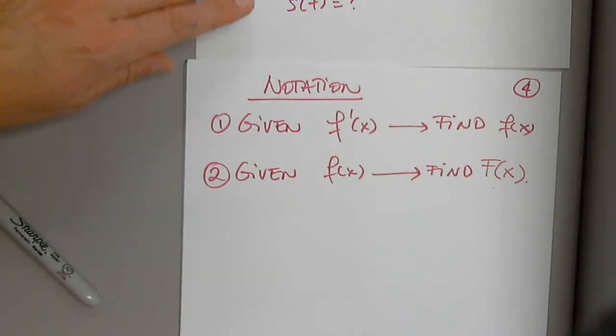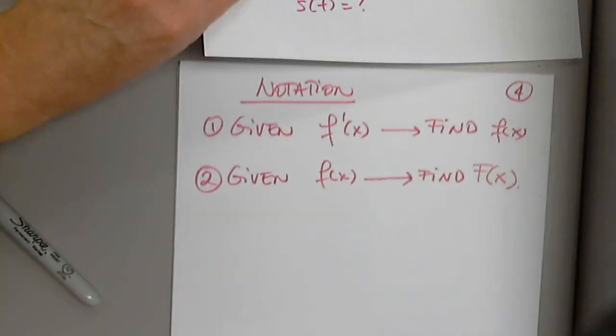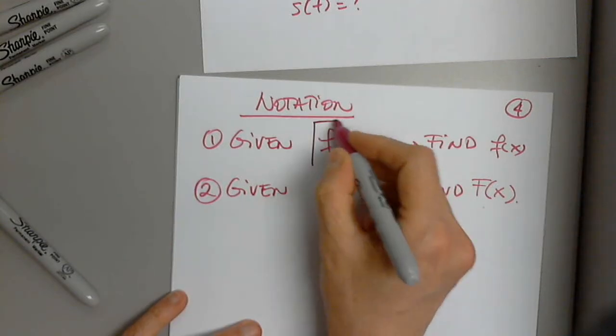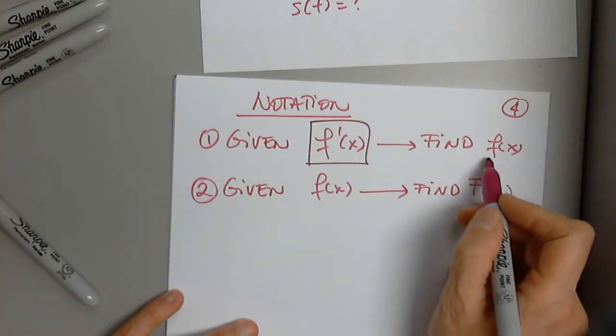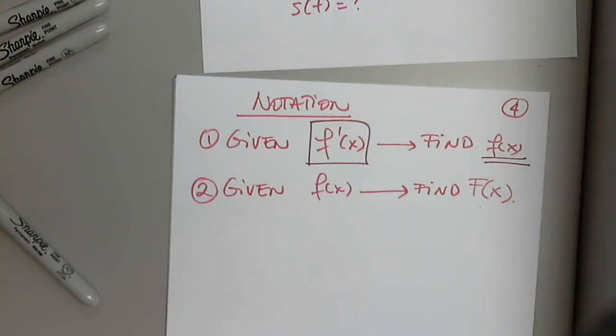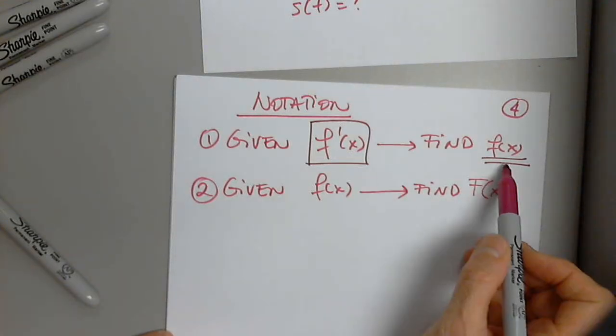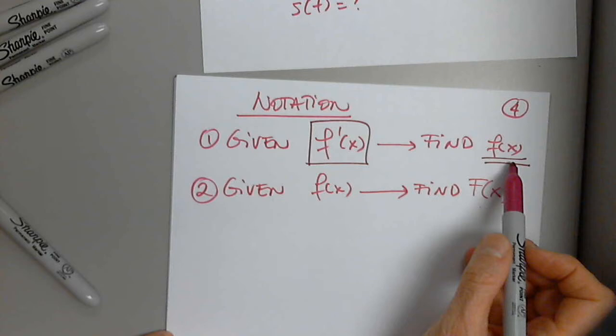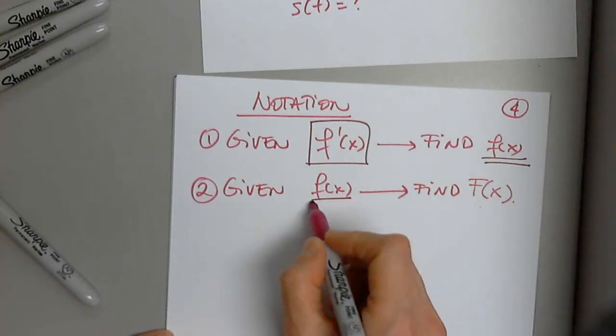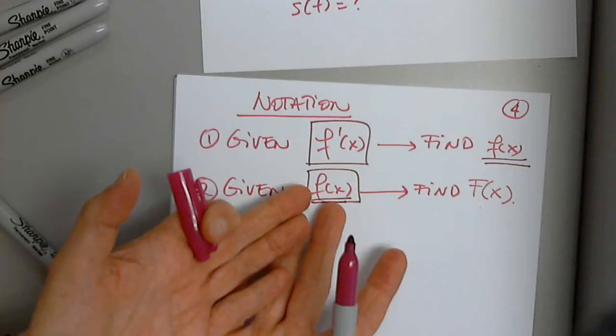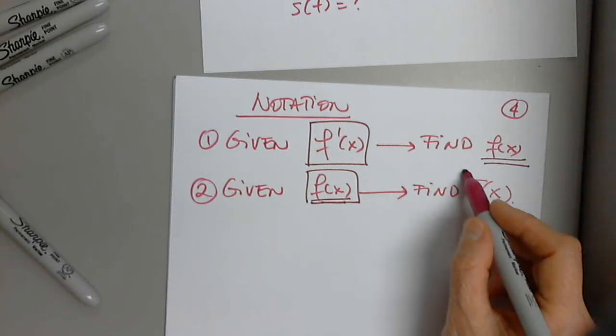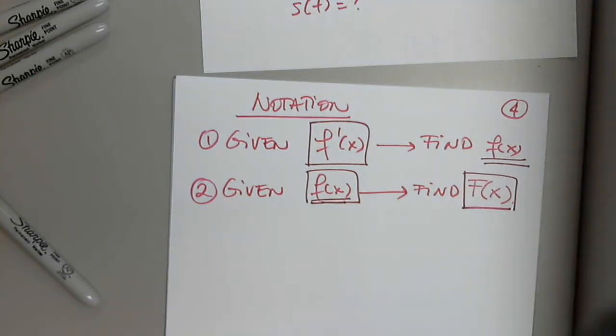Okay, so now it's time for us to go back. So just keep in mind, if the problem is giving us f prime, the notation, I'm not going to deduct points on this, but it's important. So f prime of x, the notation, when I'm determining the function, I use f of x. If I'm given the function, which is basically the derivative, I will be determining uppercase F of x.